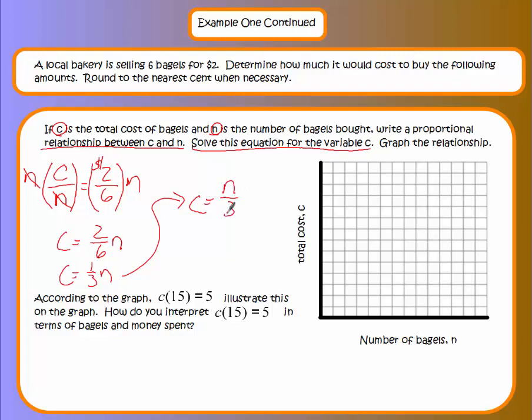But I think that we're going to see that it's very useful to keep it written like this, or the one above it, where you have this fraction still as part of this problem. And as you remember, when we're talking about linear equations, we always have that slope piece to them. That slope piece is always written in terms of a fraction because we have that rise over run.